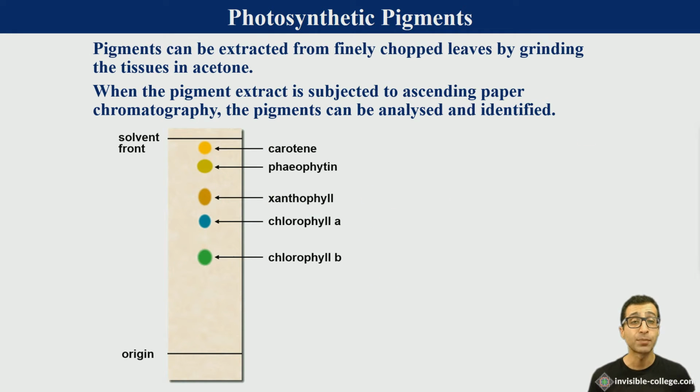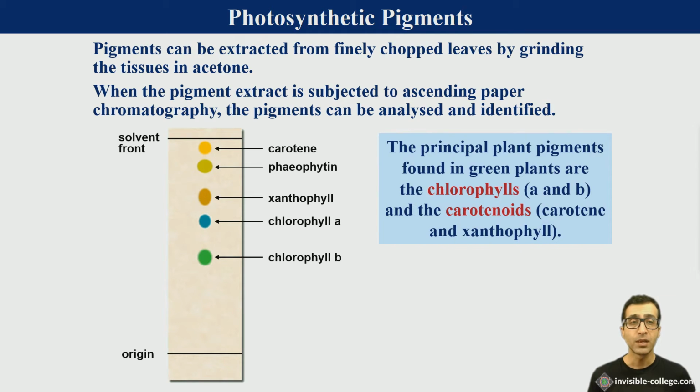Now, the principal plant pigments found in green plants are the chlorophylls, both A and B, and also the carotenoids, which include carotene and xanthophyll. Now, the role of these pigments, as we said before, is essentially to capture the packets of energy, the quanta of light energy, and each of the pigments will absorb various wavelengths of light to different extents.